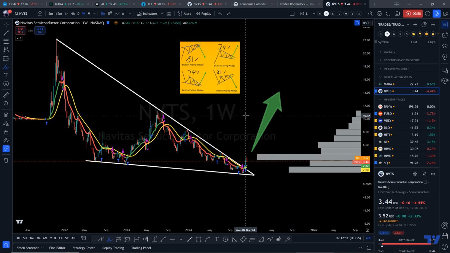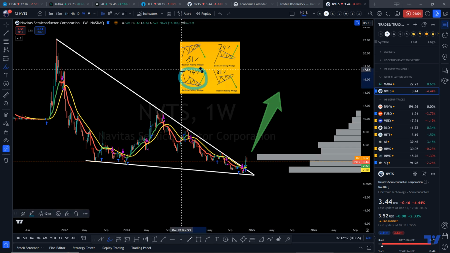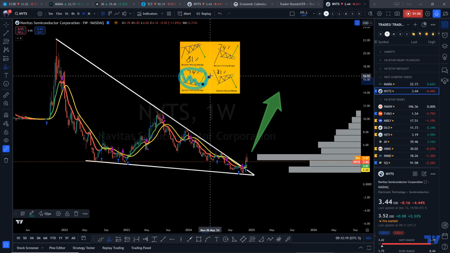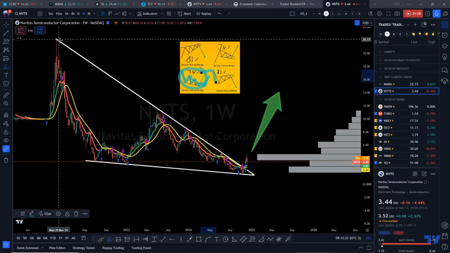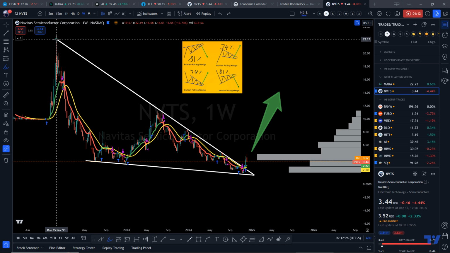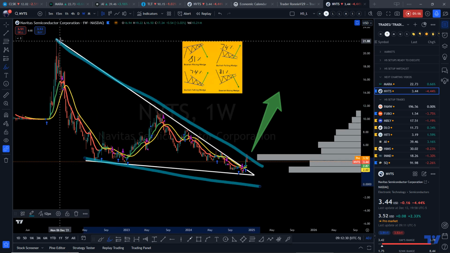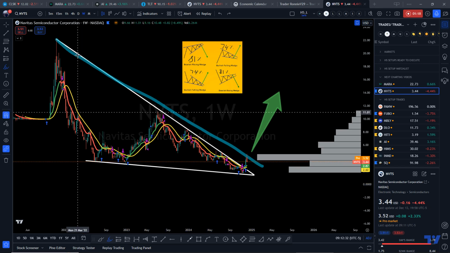Typically, this is a charting pattern that signals a potential reversal for a downtrend. So if you're getting this and it's a downtrend and it's getting tighter and you get this pop higher, like you see here on NVTS from 2021, we have this downtrend that continuously hits the top and bottom, right?